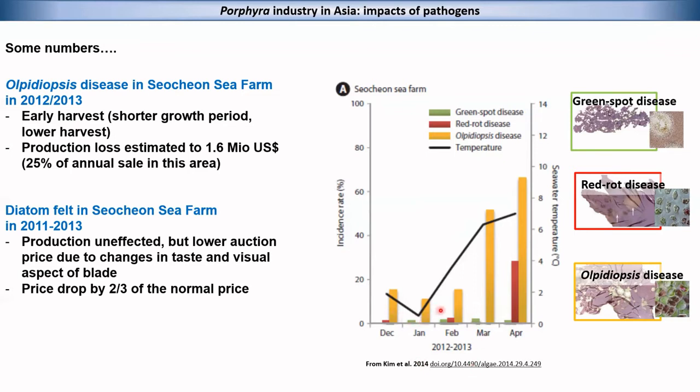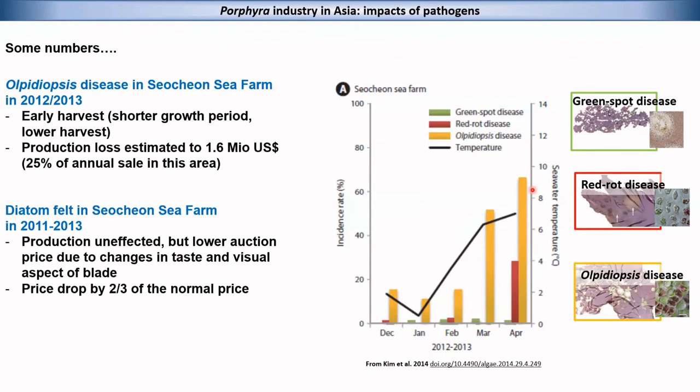The Pediopsis disease was very prominent in this year 2012-2013, and it actually reached an incidence rate of up to 70%.